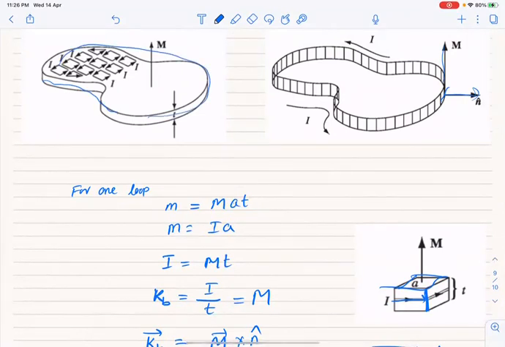Because the charges are going along these loops, they are still bound at the site of the atom, right? So you don't have any charge completing this loop, but still you have a current there. That's why we can call it a bound current, because the charges are still bound.